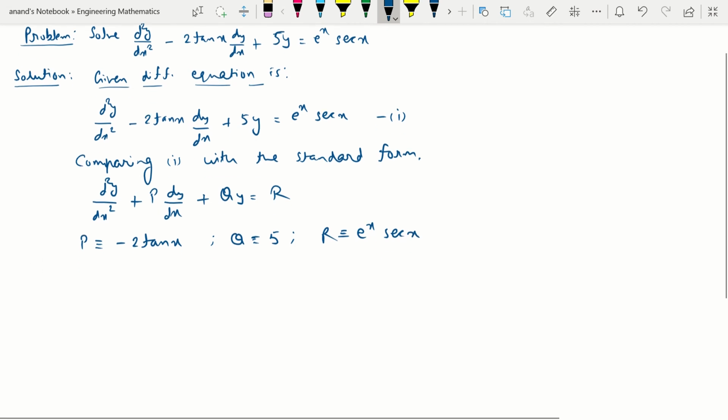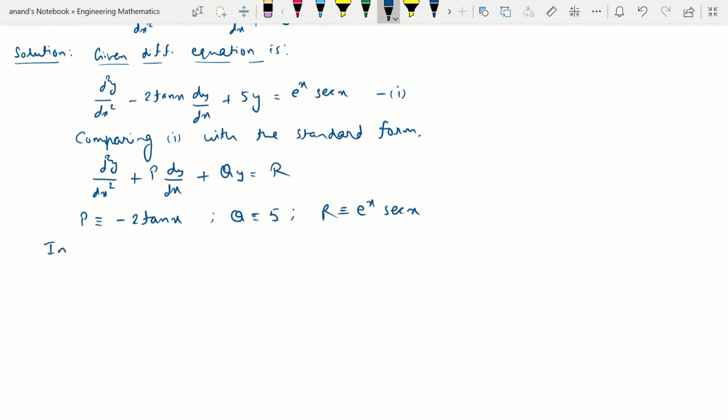So in order to remove the first derivative, we have u equals e to the power minus 1 by 2 integration of p dx.